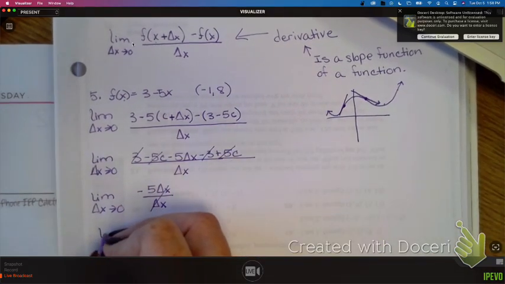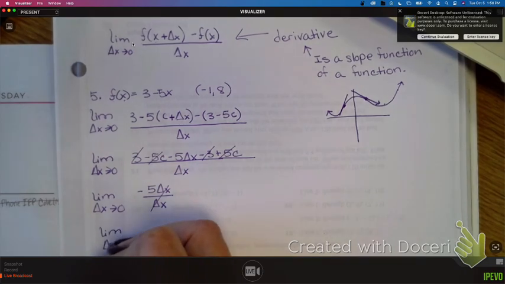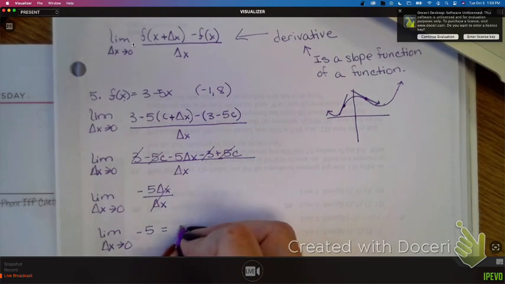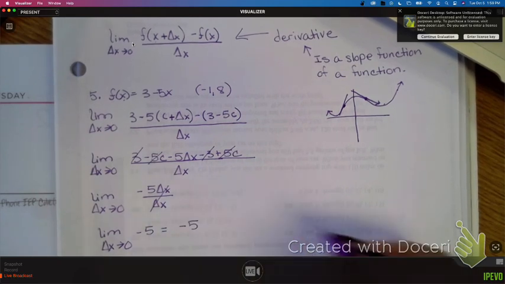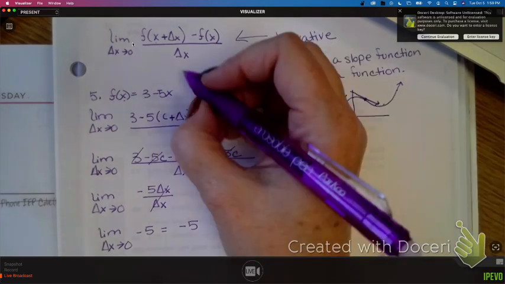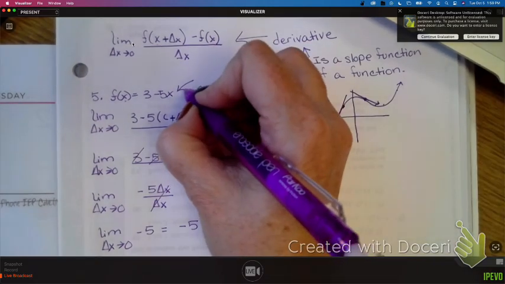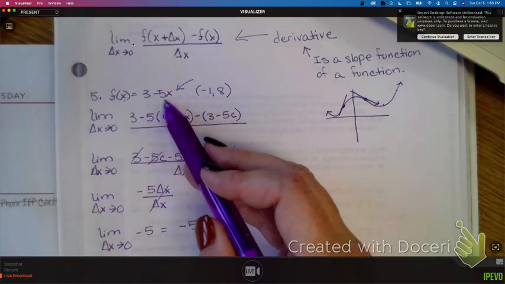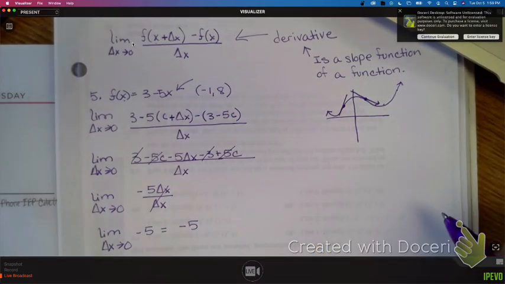So I have the limit as the change of x approaches 0 of -5, and that is a constant, so my limit rules tell me it is what? -5. If I looked back at my original problem, that is linear, correct? So what is the slope? -5.